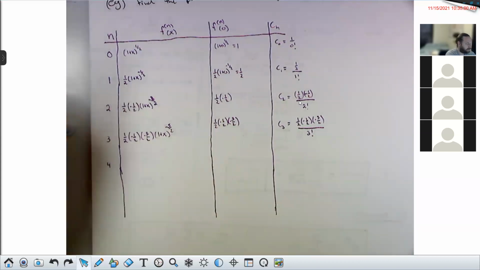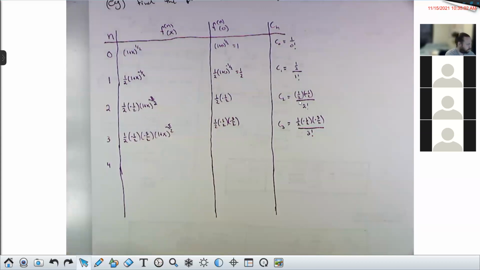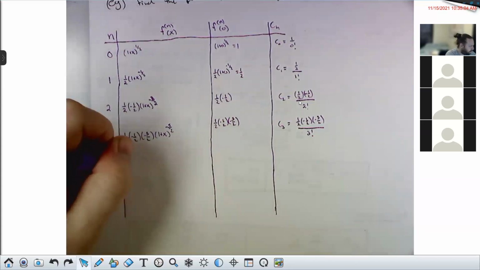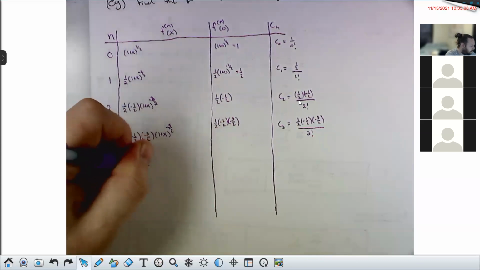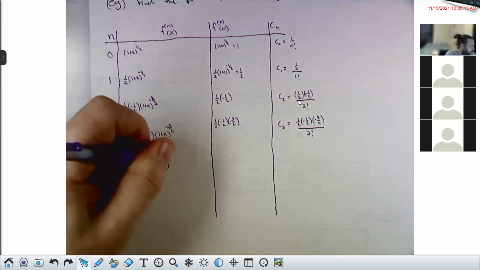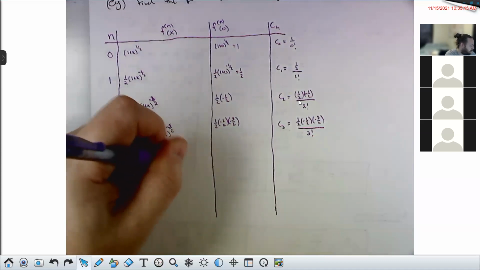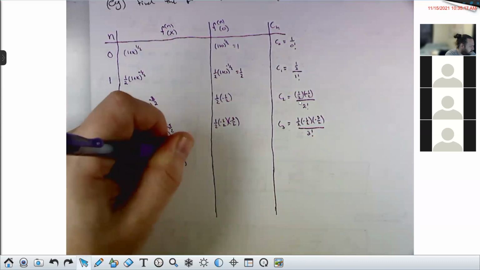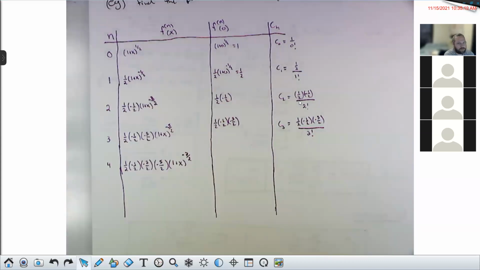When n is 4, if I differentiate a fourth time, I get 1/2 times negative 1/2 times negative 3/2 times negative 5/2 times 1 plus x to the negative 7/2.